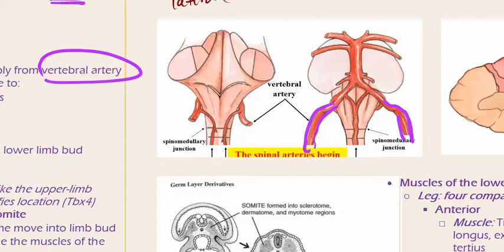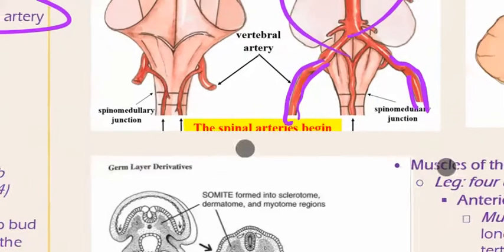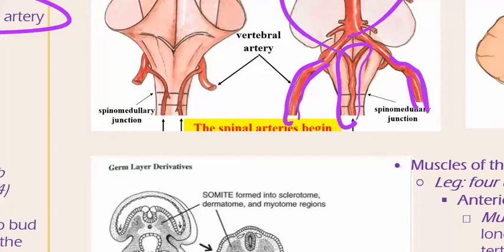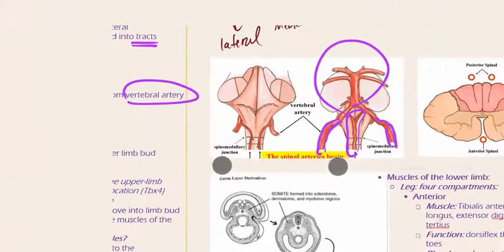All right, so it's coming off of the subclavian, and then it's feeding into the circle of Willis. But the major thing is this: coming off of that vertebral artery, you're going to have an anterior spinal artery, and you're going to have two posterior spinal arteries.